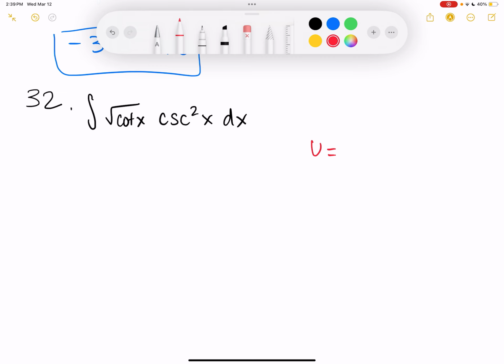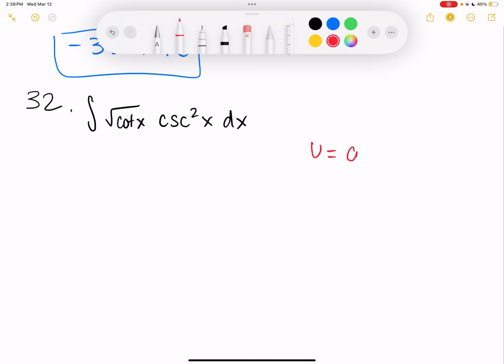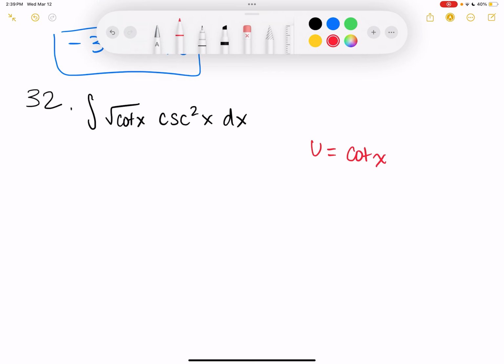And if you're ever not sure, think about is there anything in here that if I take the derivative of it, I get to something else in my problem? So I'm gonna say it should be cosecant. Or cotangent works too. Okay.